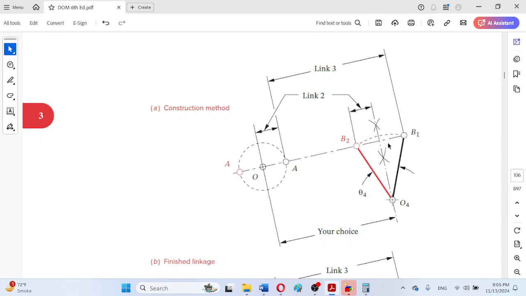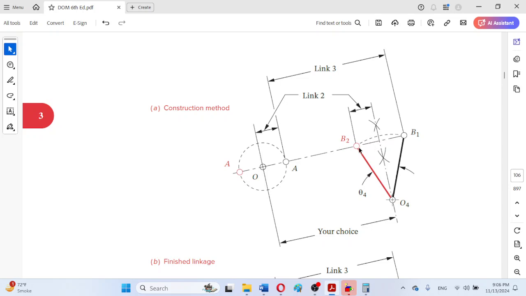If we connect these two extreme positions of the rocker link and extend this line, and the crank grounded revolute, meaning this point for example, is located on the line connecting the extremities of the rocker link, then we will obtain the non-quick return mechanism.